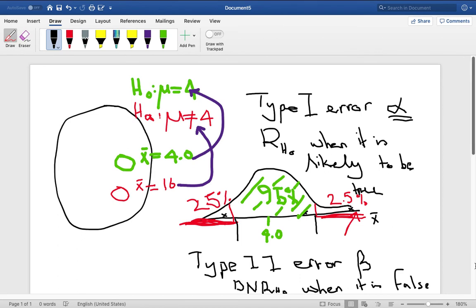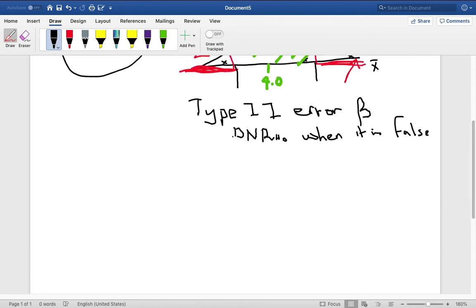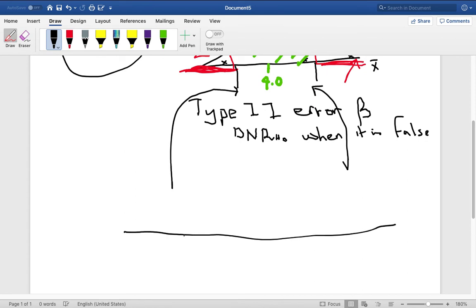So now what we can do is work backwards to work out what these critical values are. This is one critical value in here, and this is another critical value in here. In fact, let me just draw it again down here. It might make it a bit easier. These are your critical values, one here, and this is your mean, your hypothesized mean.